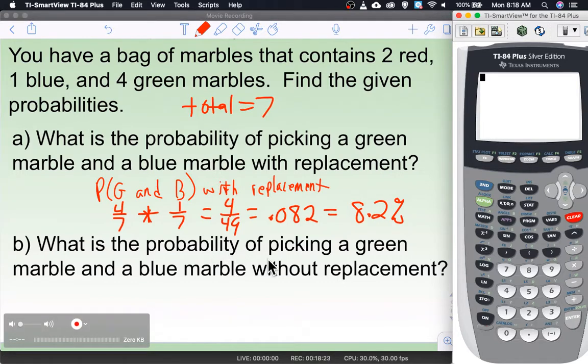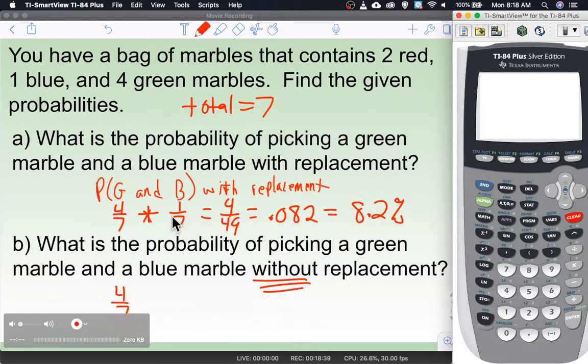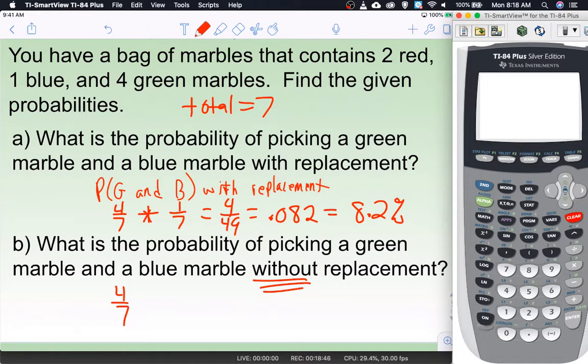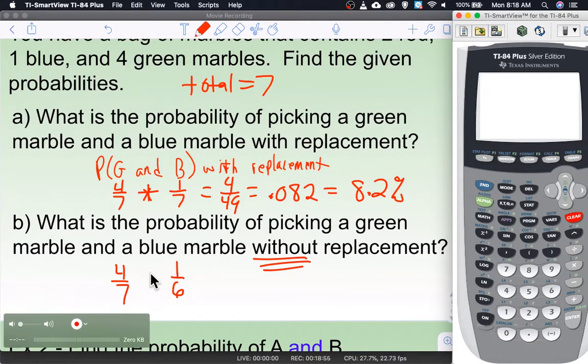What is the probability of picking a green marble and a blue marble without replacement? The difference being now, the green marble at the beginning would still be 4 out of 7. But the blue marble, instead of being 1 out of 7, now imagine we picked a green marble out. He's gone. Well, now there's only 6 marbles in that bag as opposed to 7. So the probability of this blue one depended on the green one.